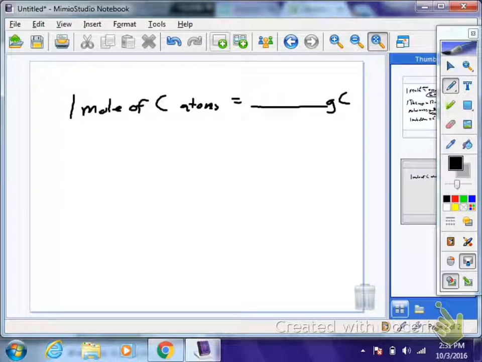1 mole of carbon atoms is equal to how many grams? So where are you going to look? On here, right? You're going to find carbon. So how much are we talking about? 12.01 grams. That's a conversion.